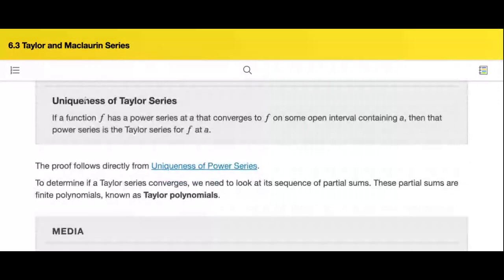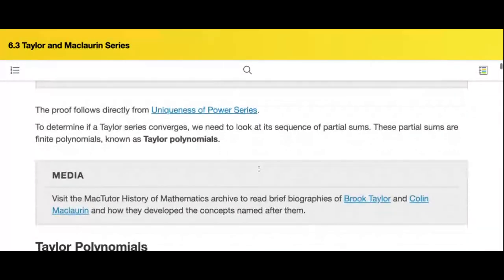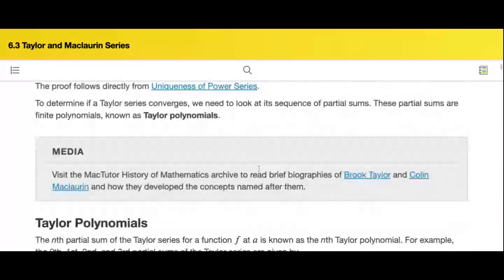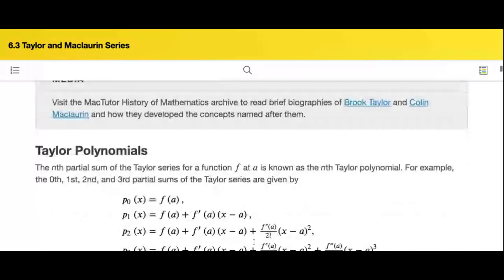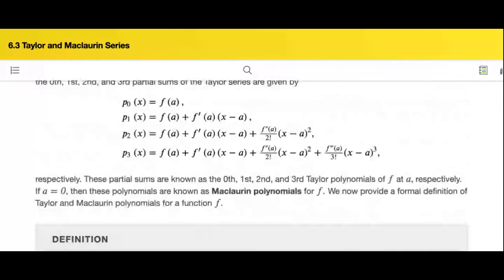Taylor series is unique. If a function can be represented with a Taylor series, it's unique. Of course, same thing for Maclaurin series, because Maclaurin series is a special case of Taylor series.